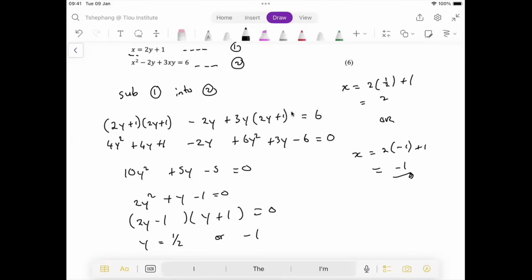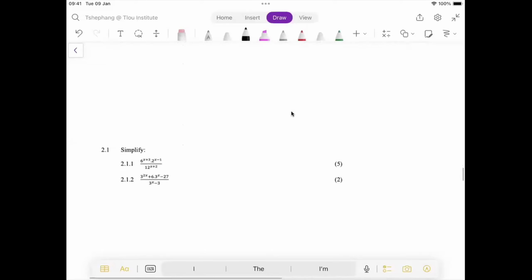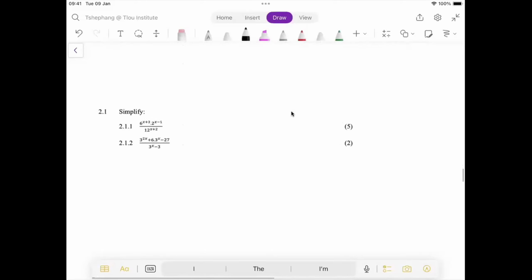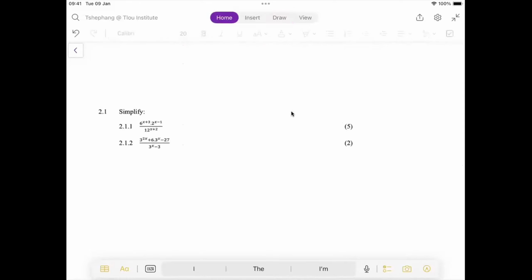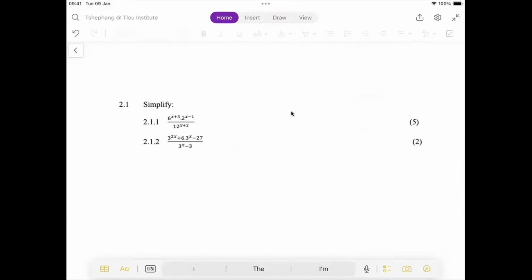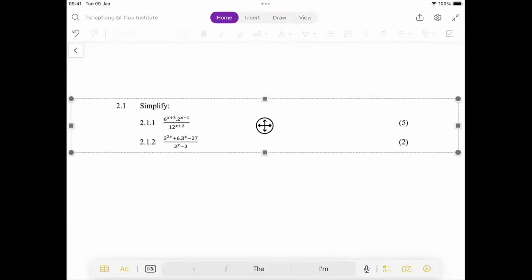Okay, you can take a screenshot quickly, then we move on. Now, here are more exponents. I'm just going to make them a little bit bigger so we can clearly see. These ones are quite easy, right? I'm going to let you guys attempt the very first one.